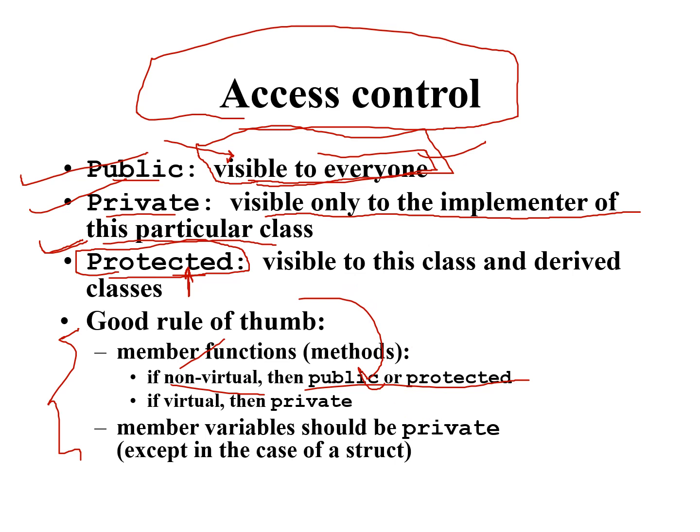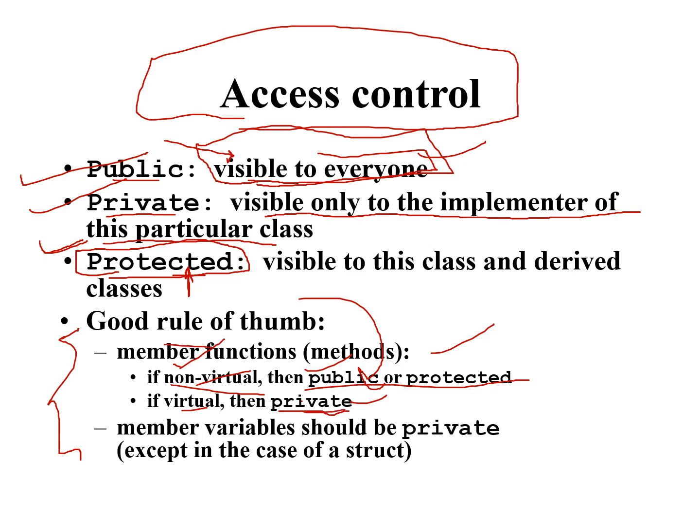I think there should not be any misconception regarding this now: if it is non-virtual, it is public or protected, and if it is virtual, it is private. This is a thumb rule.